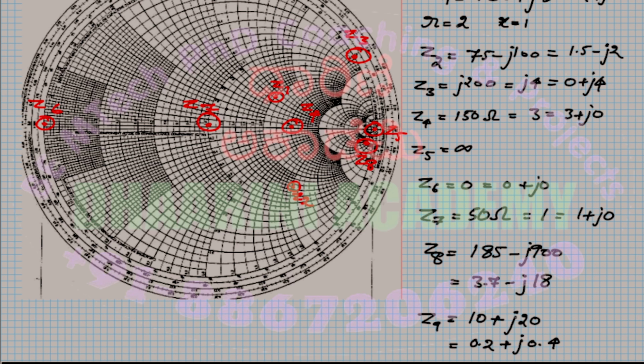I need to look at R equal to 0.2. Okay, 0.2 is this particular circle, and since it is plus 0.4, it has to be above.